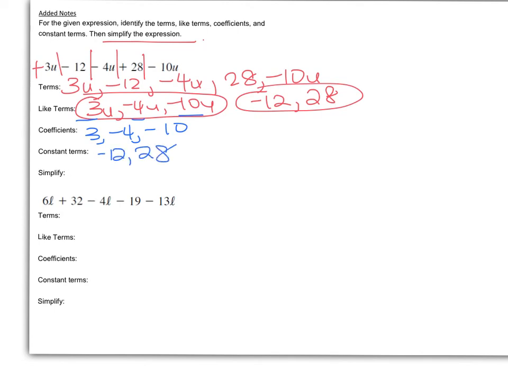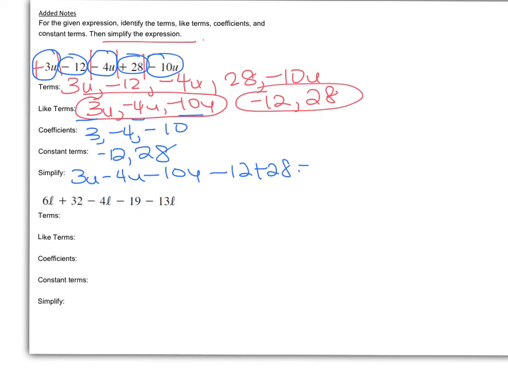And to simplify this, we need to add 3u minus 4u minus 10u. So I'm going to rewrite that. 3u minus 4u minus 10u, and then minus 12 plus 28. Three minus 4 is negative 1.